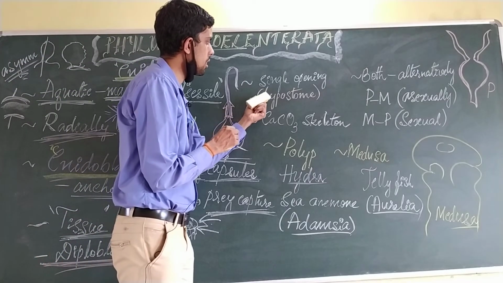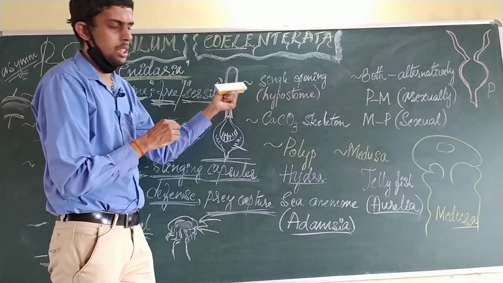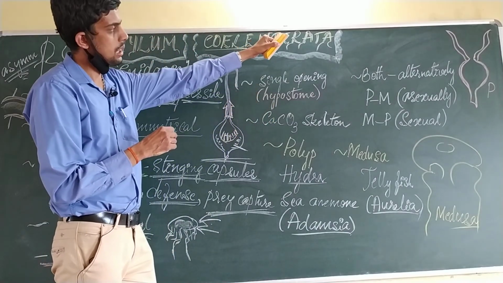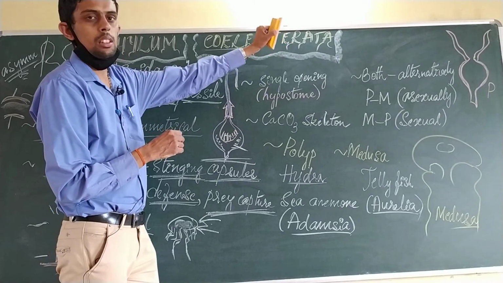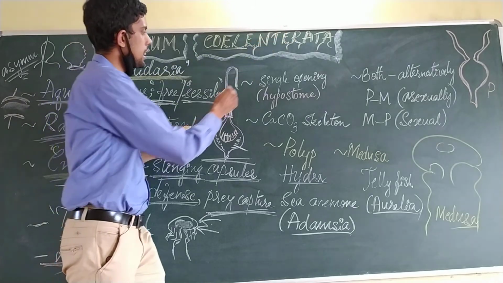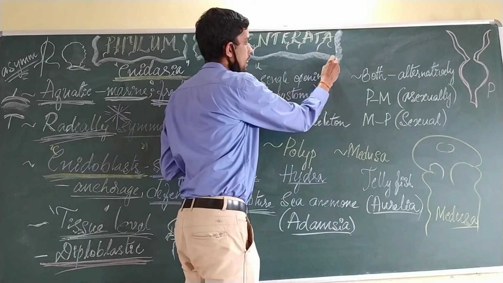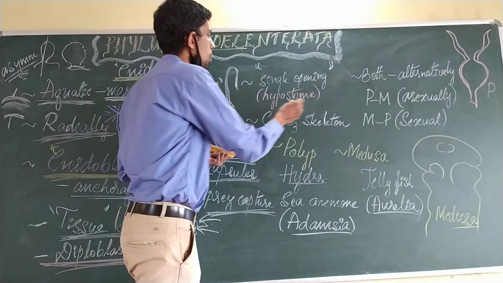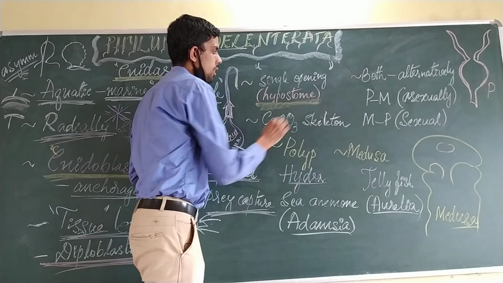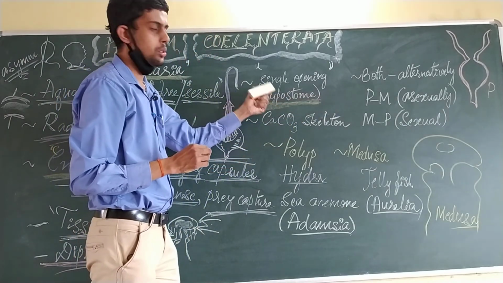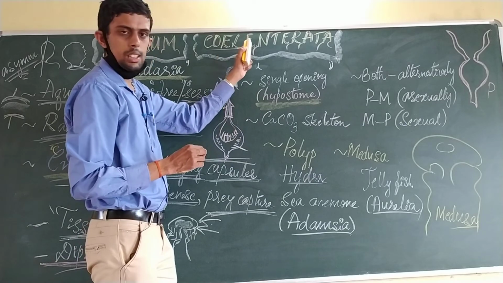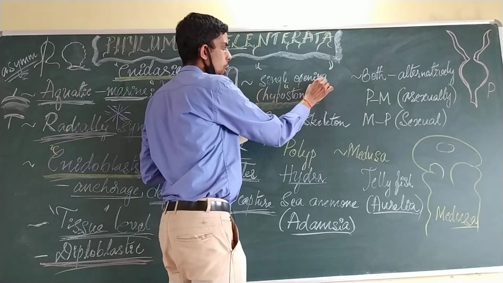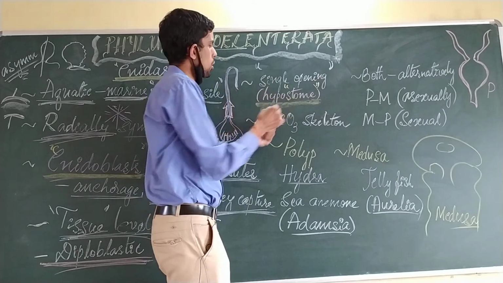And here, in some forms, we find a single opening, similar to that of the osculum. Even here, you find a mouth-like single opening, and that is called the hypostome. Clear? Hypo refers to the lower portion or the tip, and stoma refers to opening, right?